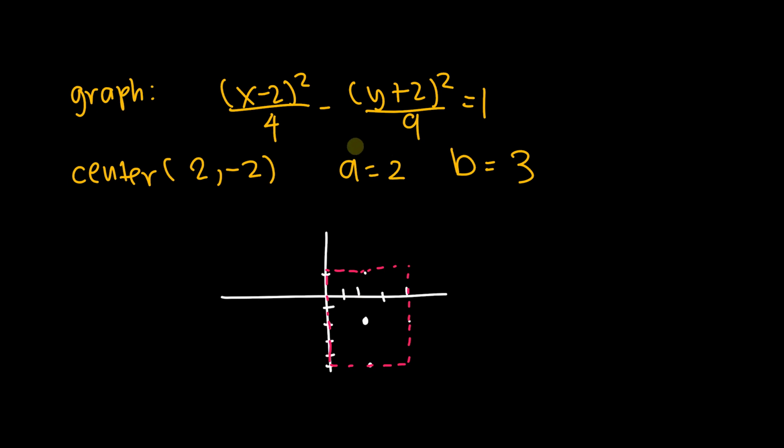Again, a is under x, so from the center 1, 2. And b equal to 3 is under y, so from the center 1, 2, 3. Then draw the imaginary box. Then from these points, draw your hyperbola. From here, draw your hyperbola.